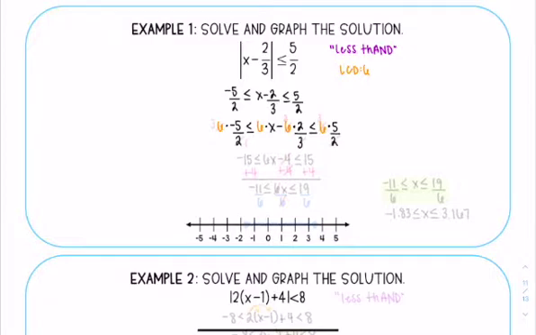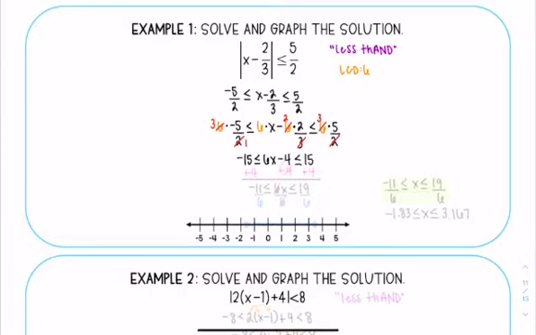And now we can simplify. 2 goes into 6 3 times. 3 goes into 6 twice. And 2 goes into 6 3 times. What we end up with is 3 times negative 5, which is negative 15, is less than or equal to 6x minus 2 times 2, which is 4, which is less than or equal to 3 times 5, which is 15.